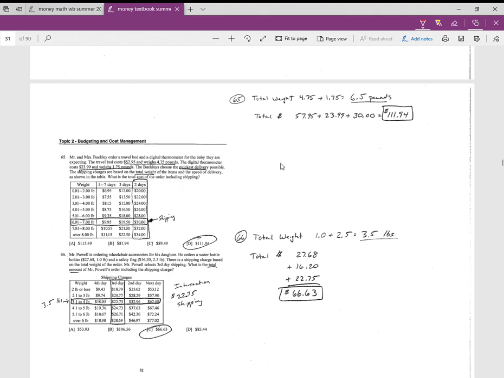Okay, so my total cost is going to be here, and I do have the price of the travel bed and the price of the thermometer. So the next price I need to figure out is the shipping. Since the shipping is based off of weight and speed of delivery, we need to find those two things.